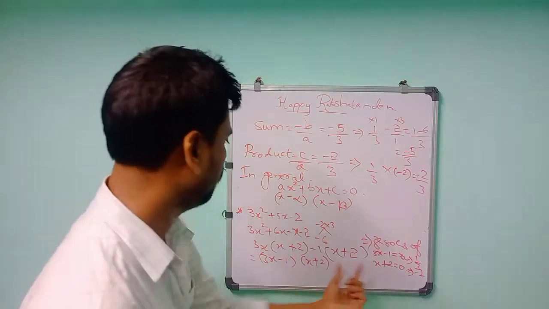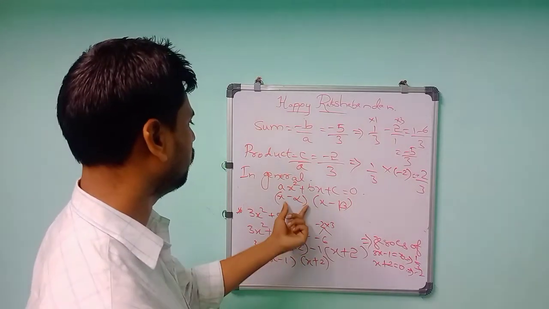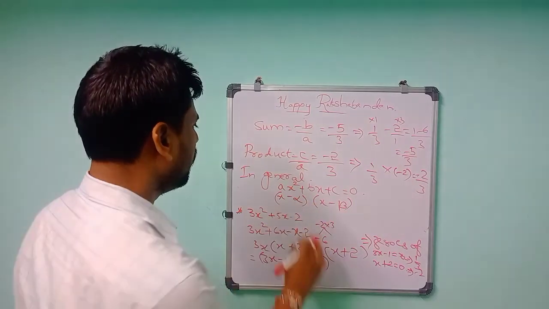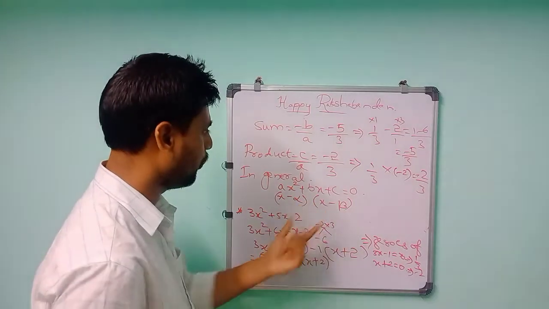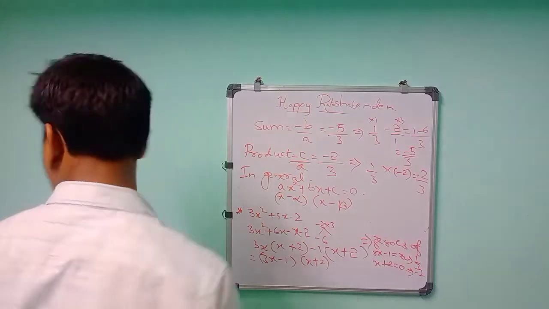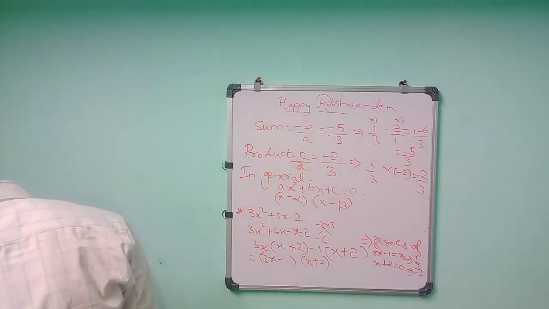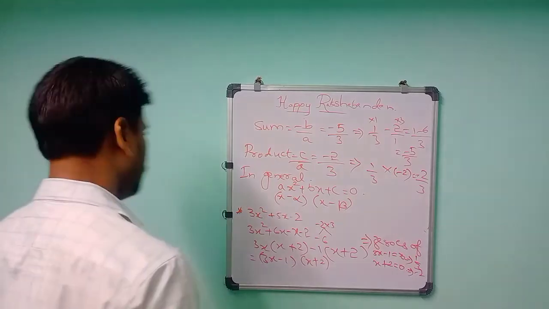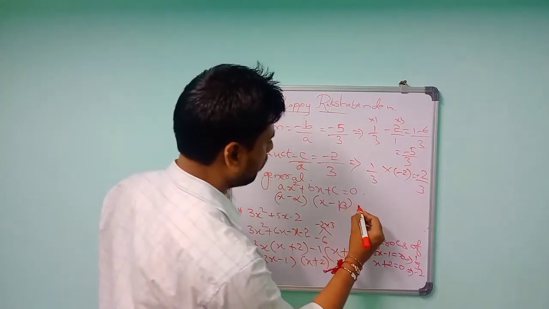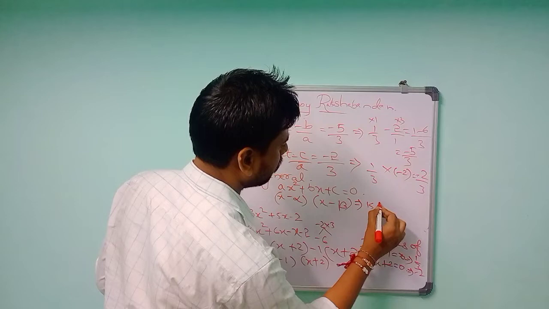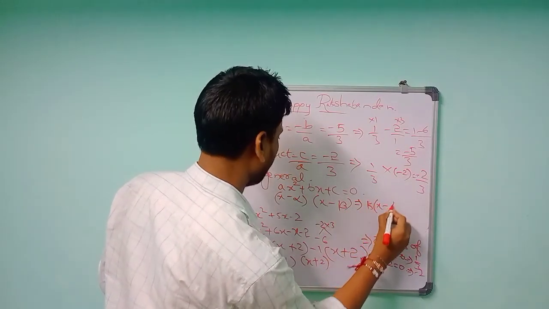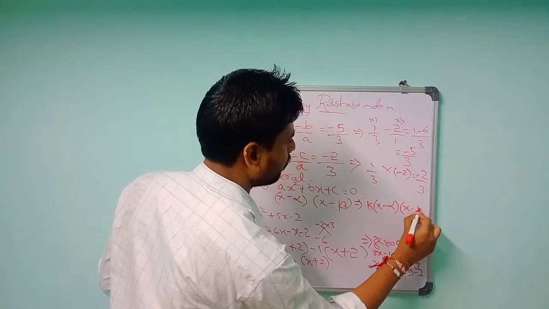These are the zeros of the polynomial, alpha and beta. Then if you compare, you have to multiply by k. It will become k times x minus alpha and x minus beta.